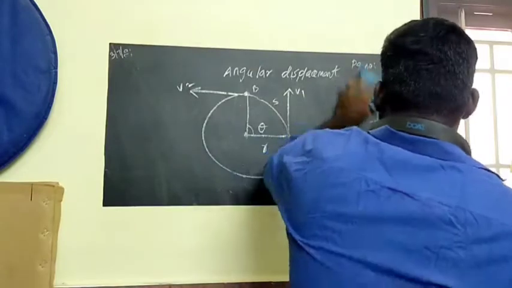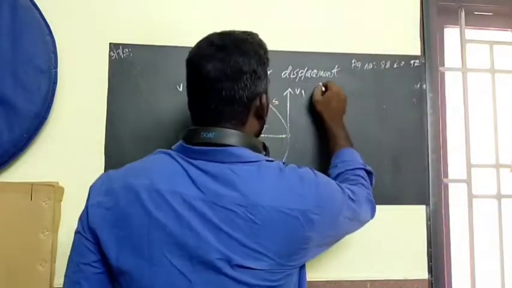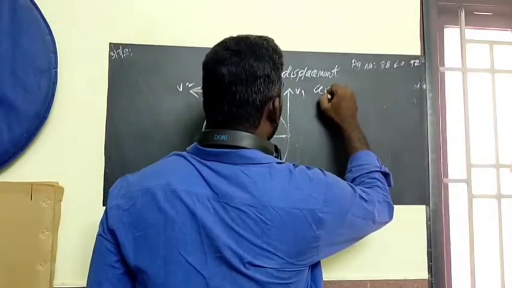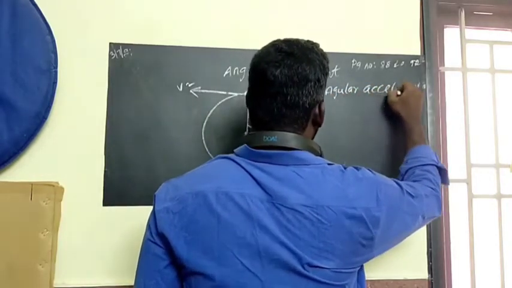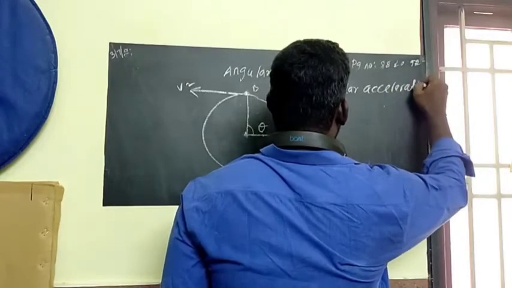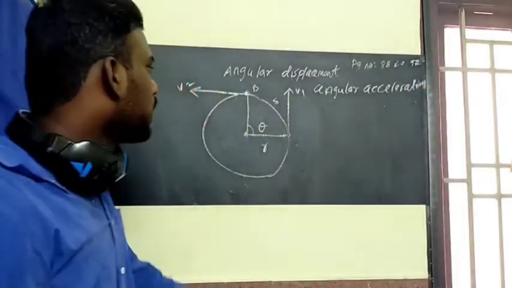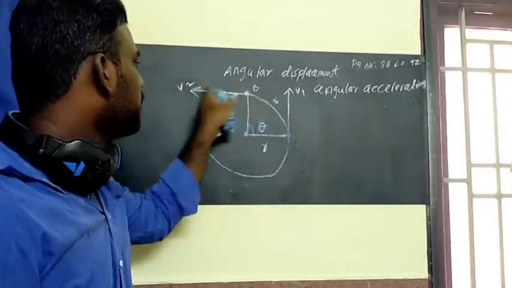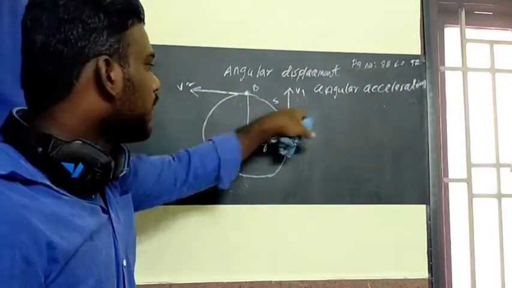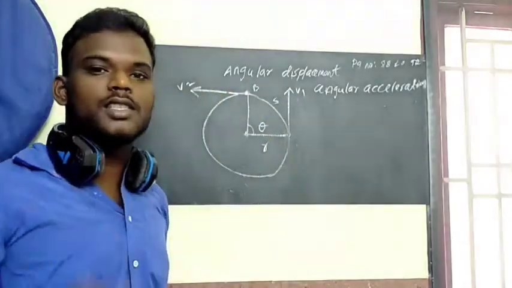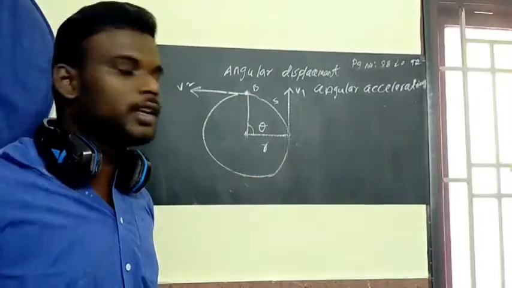And next one is angular acceleration. There is some acceleration because the velocity of the particle keeps changing: here the velocity is v1, here the velocity is v2. At every point the direction of the velocity keeps changing, which we will discuss in the next topic.